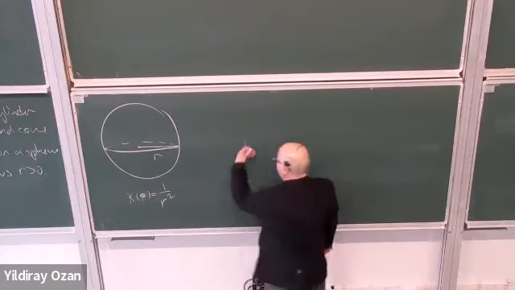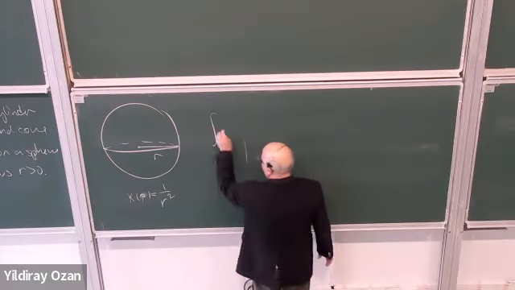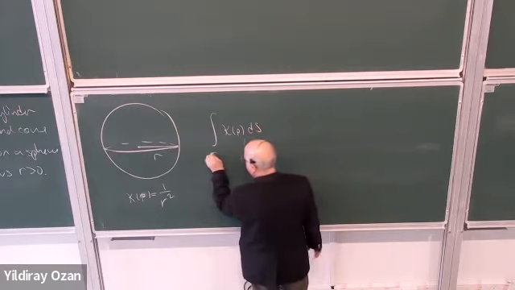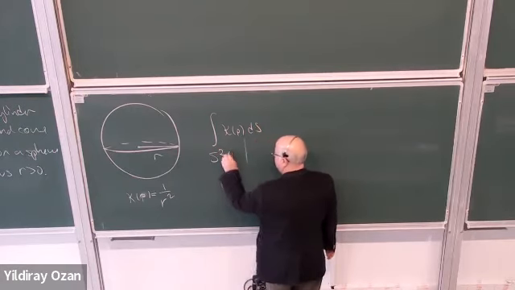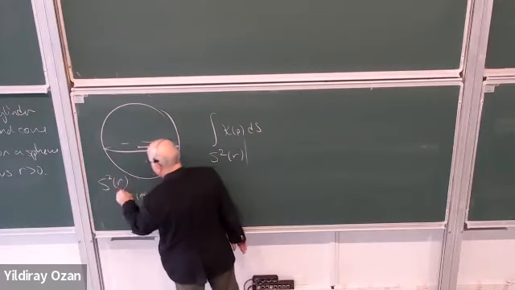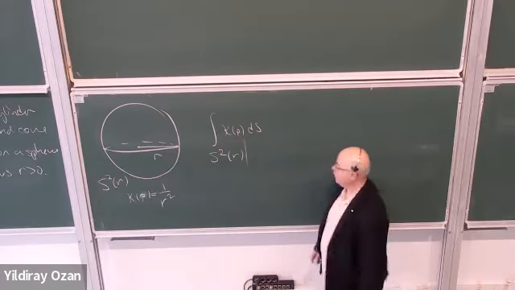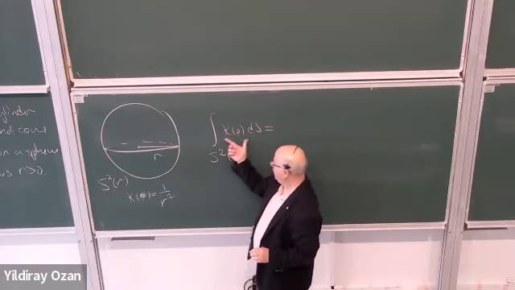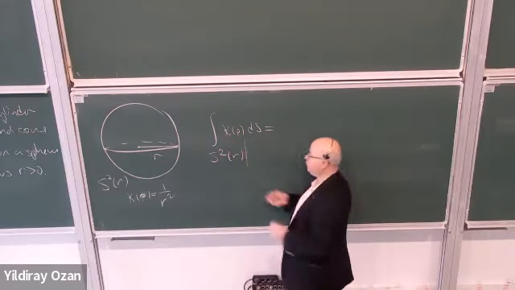And if you integrate this curvature over the sphere, so let's call this the sphere of radius r. Well, this thing is a constant function. It is 1 over r squared.